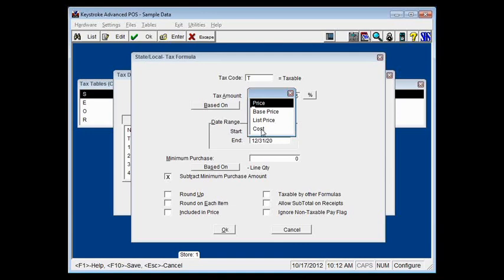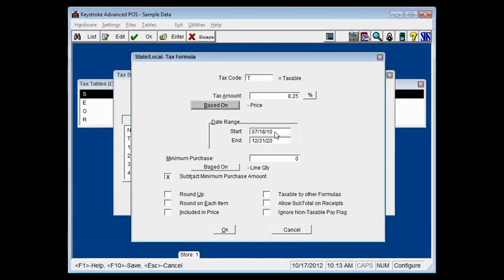You've probably been involved or heard of some cell phone provider saying, hey, you sign up for a 2-year plan, you get a free phone. Well, you get a free phone, but you still have to pay the sales tax on that phone. And depending on the state and the local laws, you might need to pay the sales tax based on the base price, the list price, or the cost. So that's what that's usually used for.